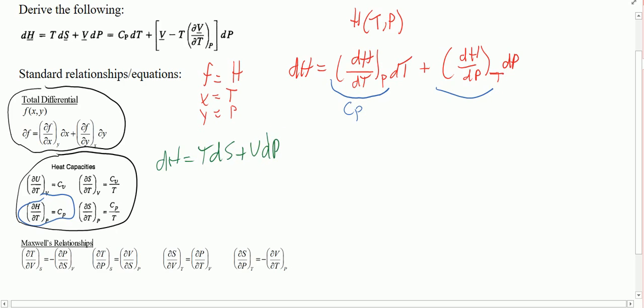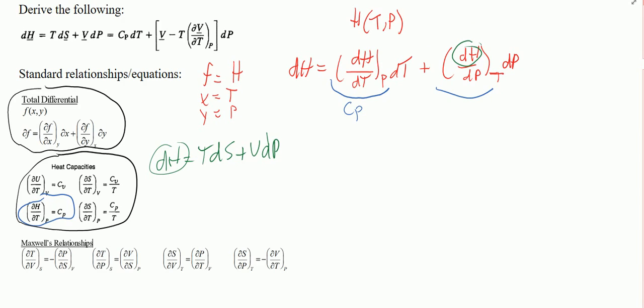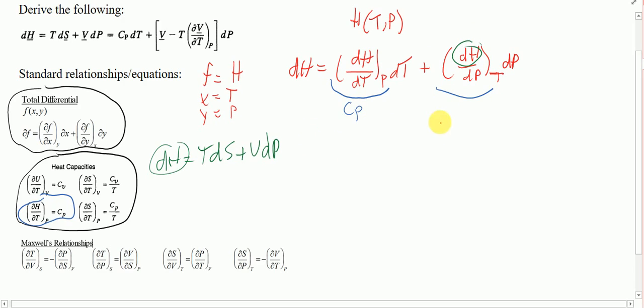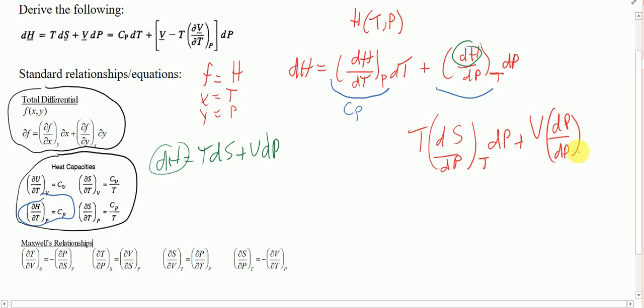If we take the dH right here and plug it into the dH right here, let's see what we will have. We'll have T (dS/dP) at constant T dP plus V (dP/dP) at constant T dP.